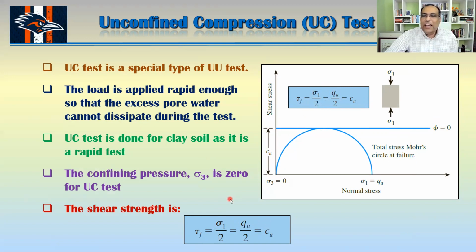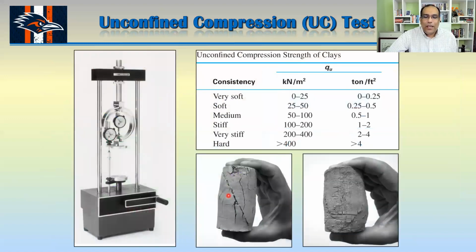You don't need any triaxial cell for this test. It's much faster, because you don't have to wrap the specimen in the membrane and put it in the cell, which takes a long time. You can just cut it short. This is the machine here. You make the clay soil specimen.